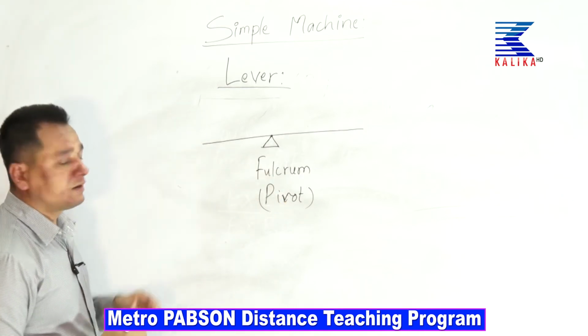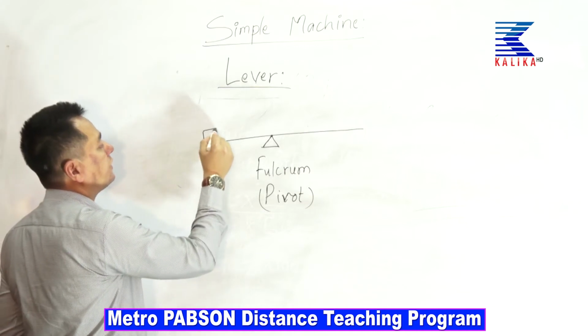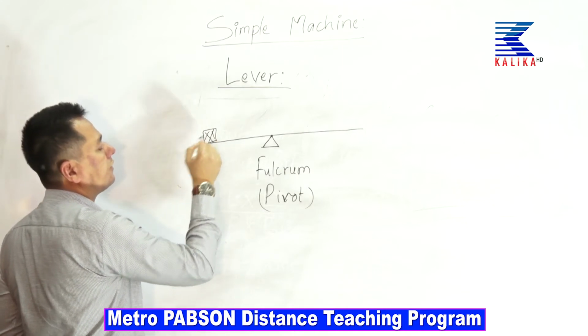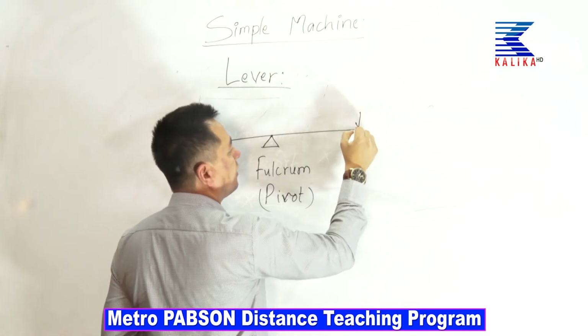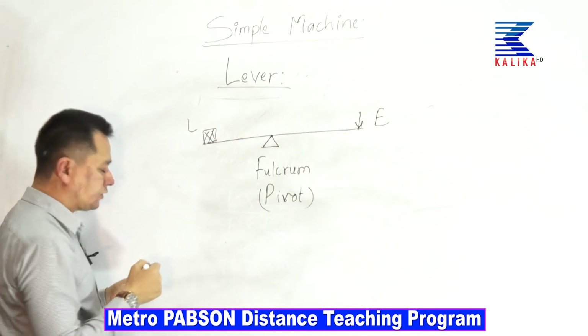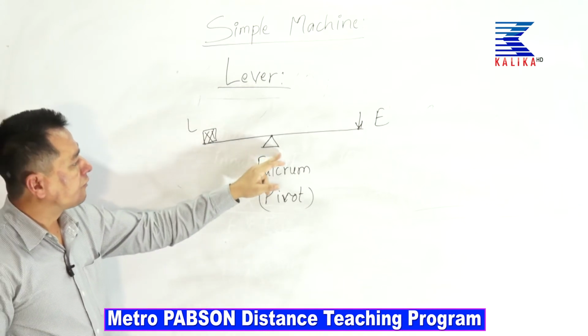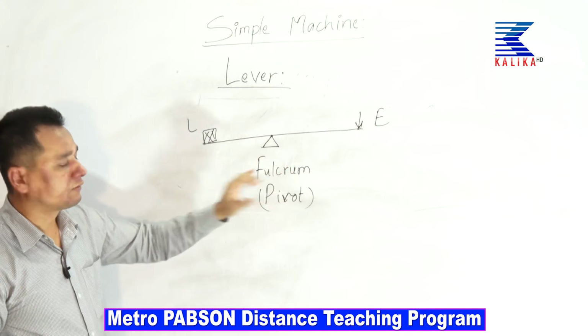And at one end of the rigid bar, load is there, and at the other end, effort is applied. So a lever is a rigid bar capable of rotating about a fixed point called fulcrum.